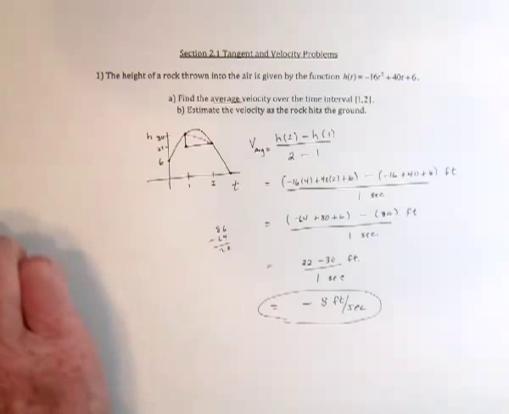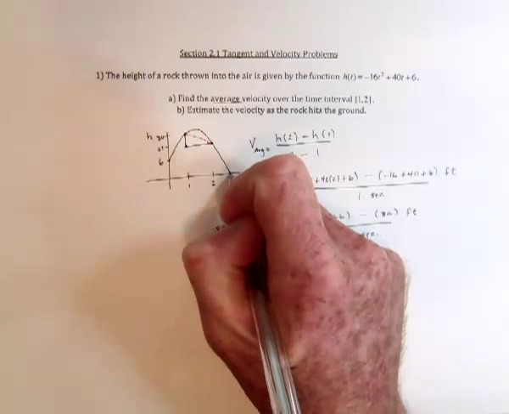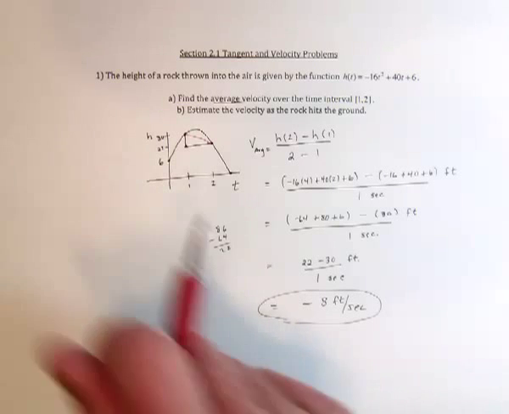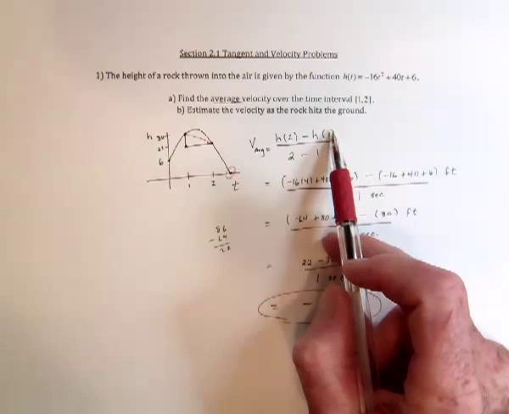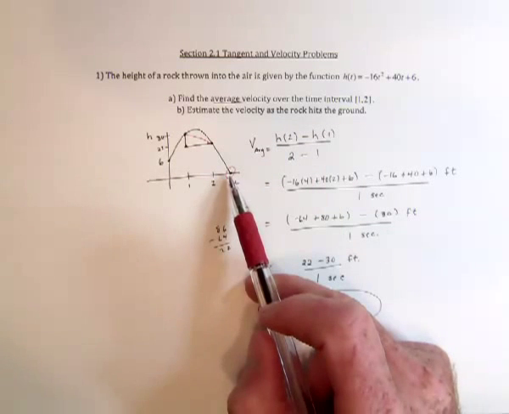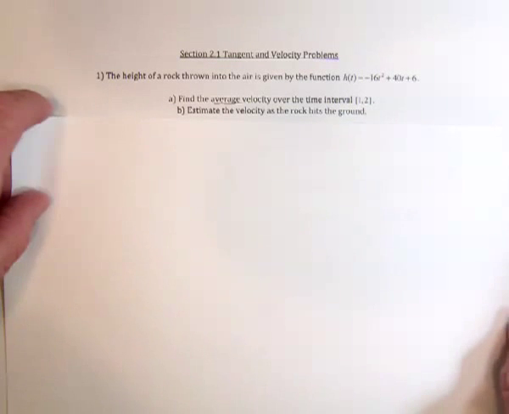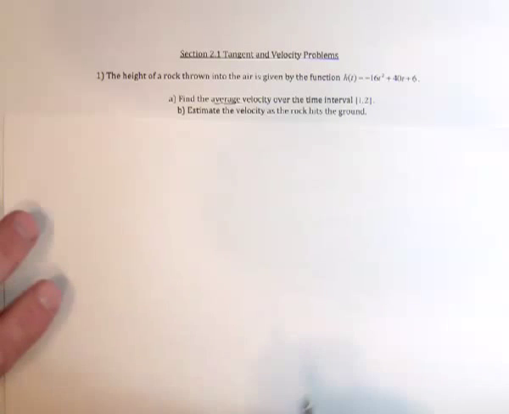And now for even more fun, estimate the velocity as it hits the ground. So for one thing, we have to figure out when does it hit the ground, and then go back and do this idea at that particular time, rather than just the interval from 1 to 2. So first of all, when does it hit the ground? Well, that's at a height of 0.